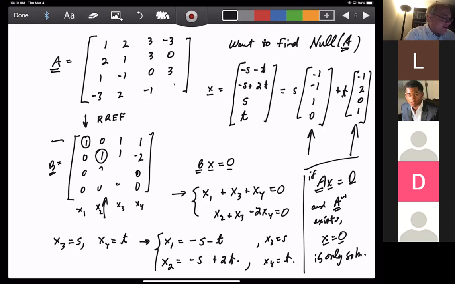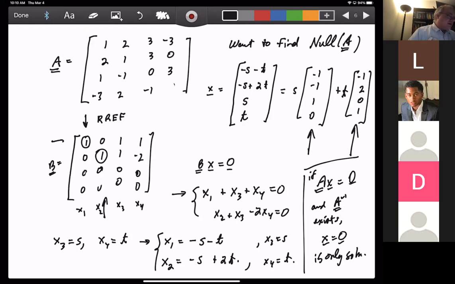When you have the situation in the previous problem where you have free variables, your null space is going to be larger than just the 0 vector. So in this case, you could say this is a two-dimensional null space because you can build it as a set of linear combinations of two vectors.